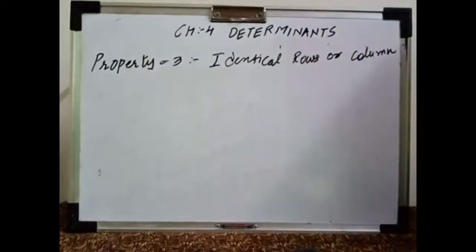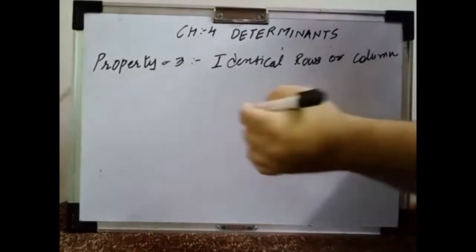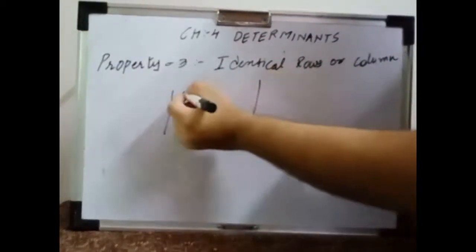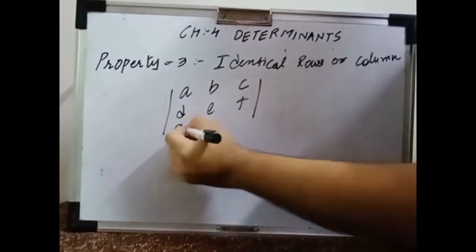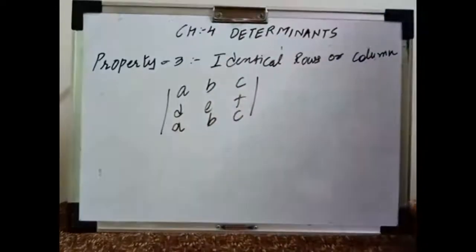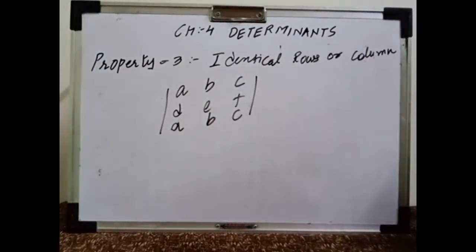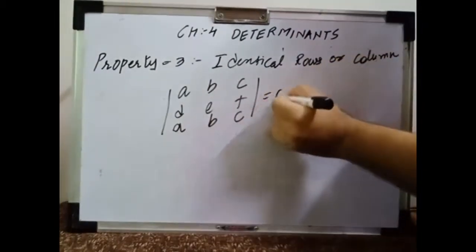Let's understand the third property. This property deals with identical rows or columns. What does that mean? If I have identical rows or identical columns in a determinant, then the value of this determinant will be 0.